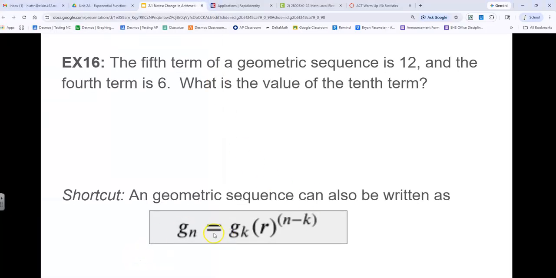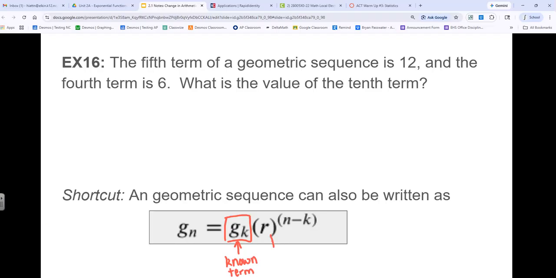So, another option for this, the shortcut or the formula for the shortcut here, is when you're looking for G sub whatever number, right, you can take your G sub K, which is your known term, right? This is a known term.